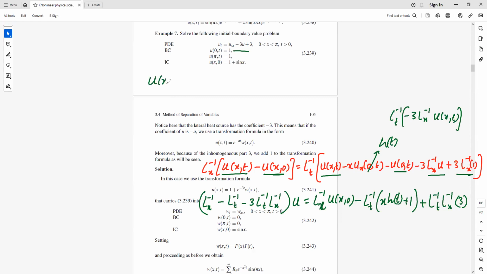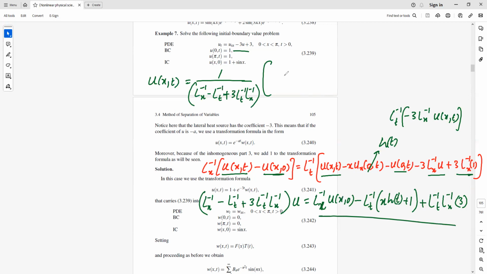So now U(x,t) can be written as 1 over LX inverse minus LT inverse plus 3 LT inverse LX inverse, and here we have LX inverse applied on U_x(x,0), minus LT inverse applied on x h(t) plus 1, plus LT inverse LX inverse applied onto 3.